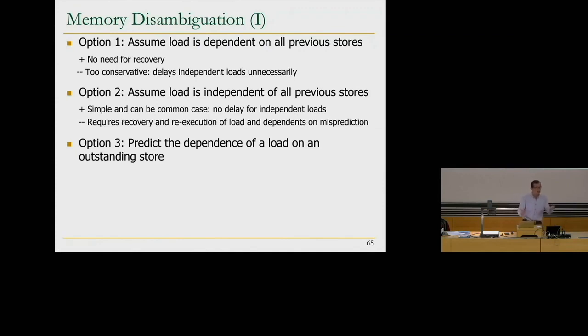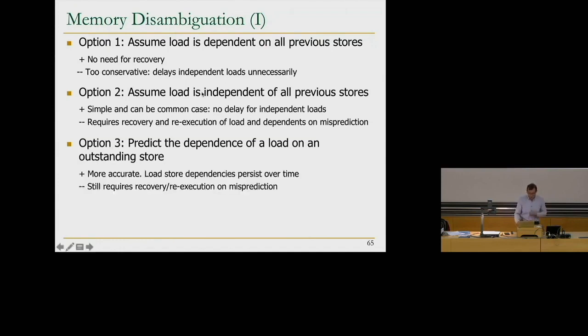So there needs to be some checking that needs to happen. When the store computes its address, it needs to check whether there was a load that assumed that it was independent of the store. So that's a mess. It requires recovery and re-execution of the load. So existing machines actually flush the pipeline whenever they're wrong.